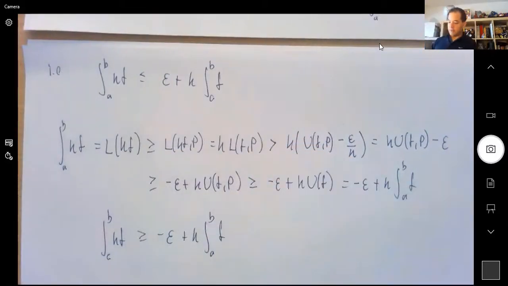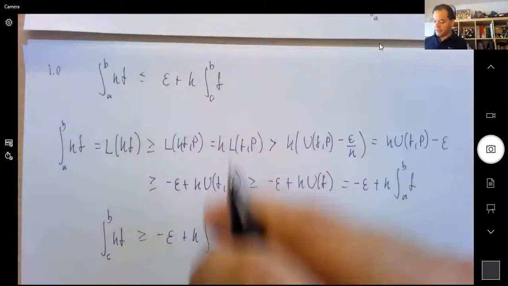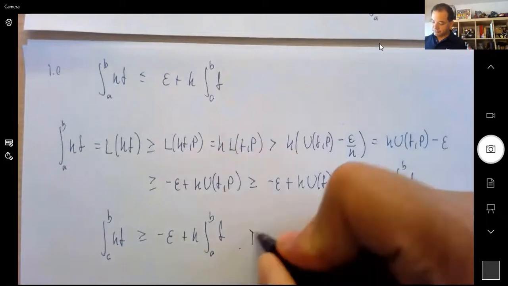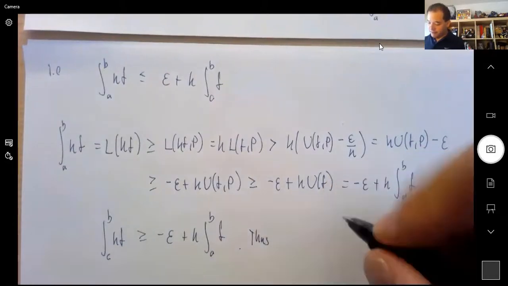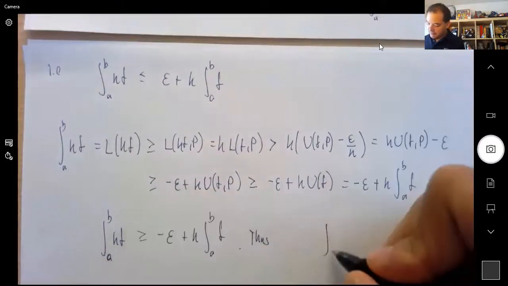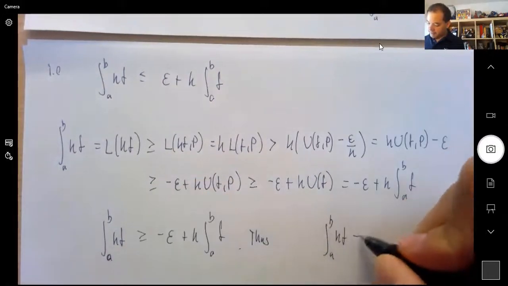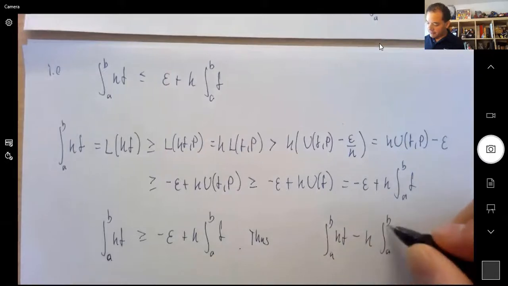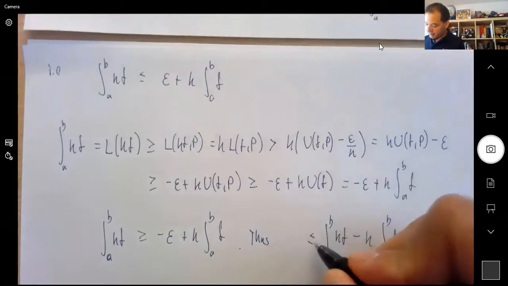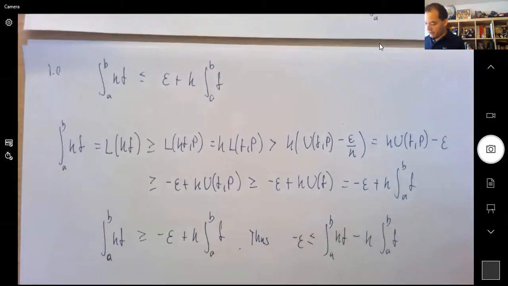Okay, and you put these two together, and what it says is that the difference, the integral from A to B of Kf minus K times the integral from A to B of f, on the one hand is greater than or equal to negative epsilon, on the other hand less than epsilon.